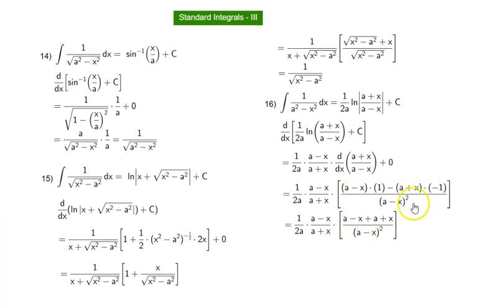So when we simplify this expression, we get a minus x plus a plus x. X cancel out, and we have 2a. 2a cancel out, and one of the a minus x will cancel out. So we have 1 by a plus x times 1 by a minus x, which is equal to 1 by a square minus x square, which is what is there under the integral.